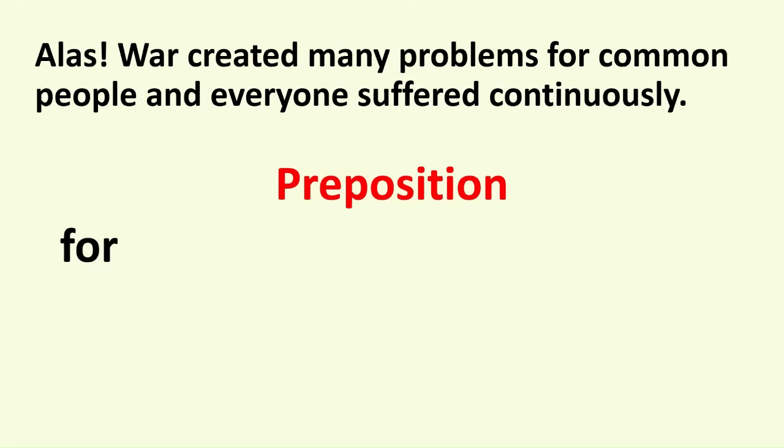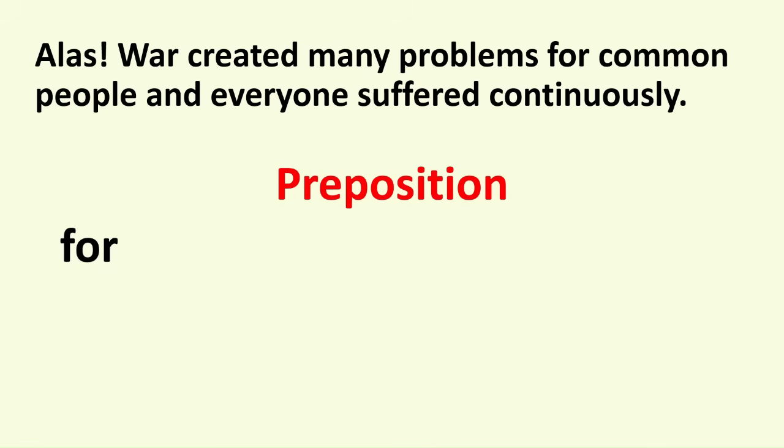Here we have just a single preposition. To add the noun people to the sentence, war created many problems, we are adding an object, we are adding a noun, we require a preposition because here we cannot add a noun to an already existing object.